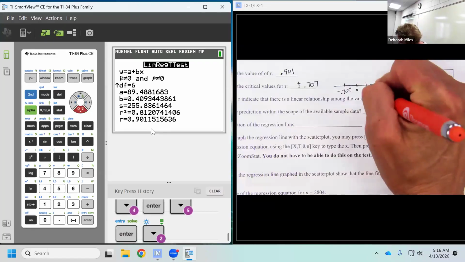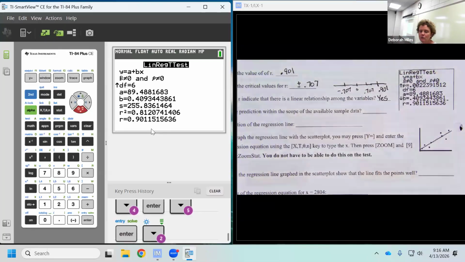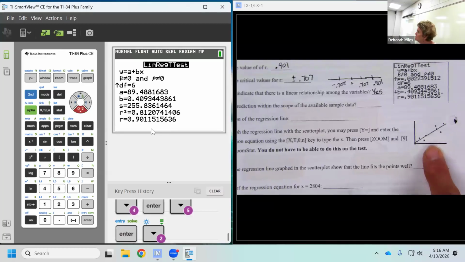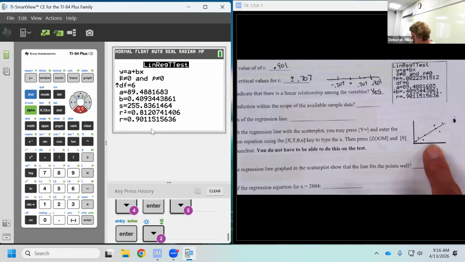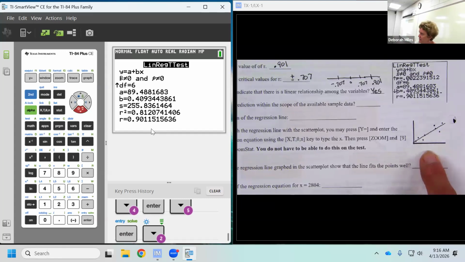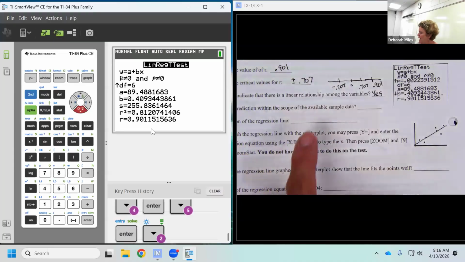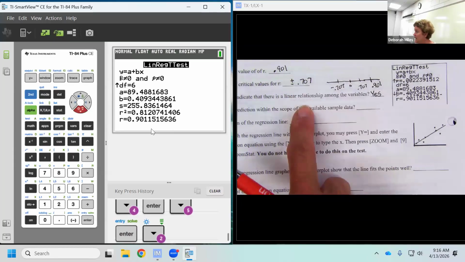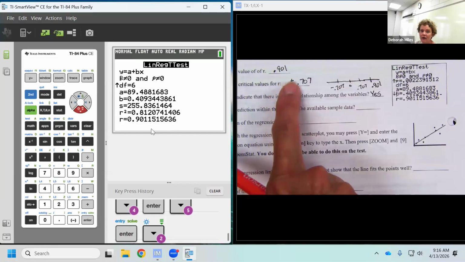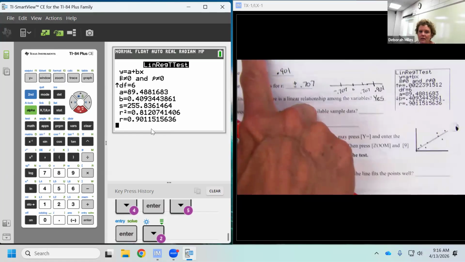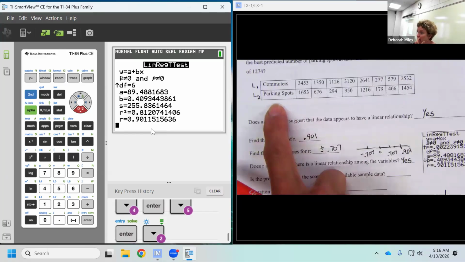So yes, our R value does indicate that there is a linear correlation, which our scatter plot told us, I think so, and our gut instinct about these two variables told us, I think so, but now we have a definitive way of saying, yes, that's a strong enough R value to say that there is a linear relationship between number of commuters and number of parking spots.